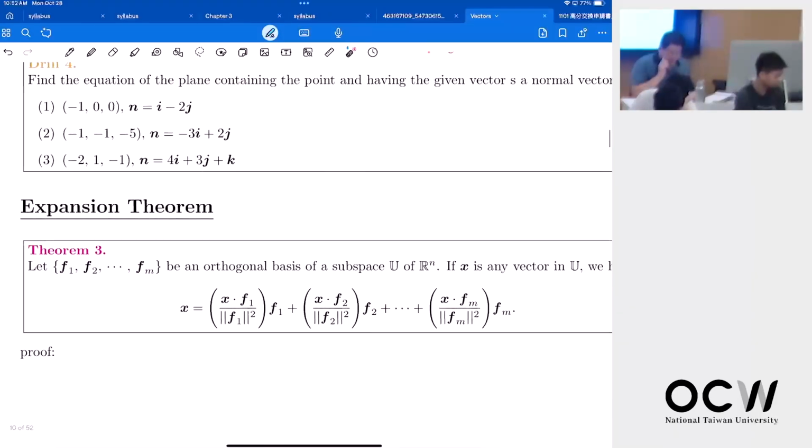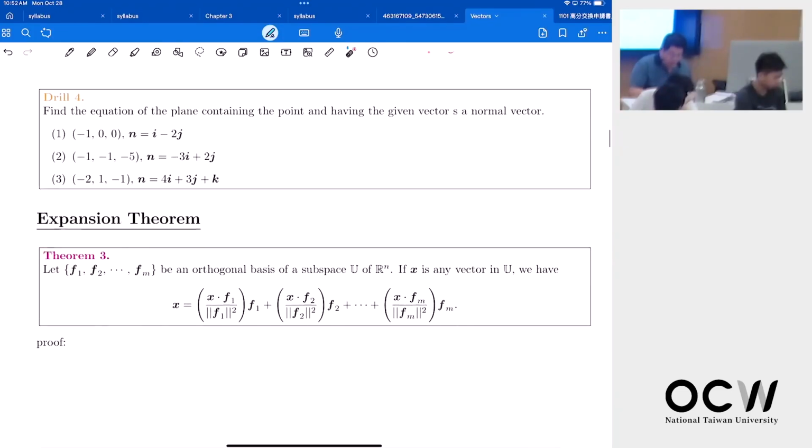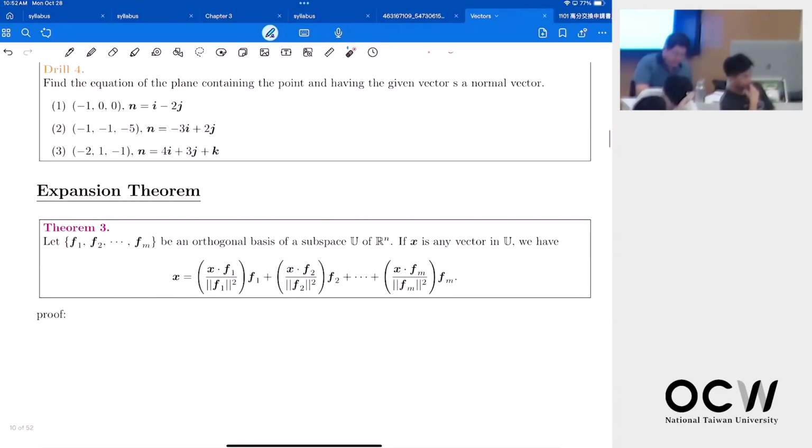Next one is called the expansion theory. What is the expansion theory? In vector analysis, matrix analysis, or linear algebra, we will see so many theories, so you can try your best to understand those theories. First, we say that these vectors form a set, and it is an orthogonal basis of a subspace of Rn, and x is any vector in this subspace.